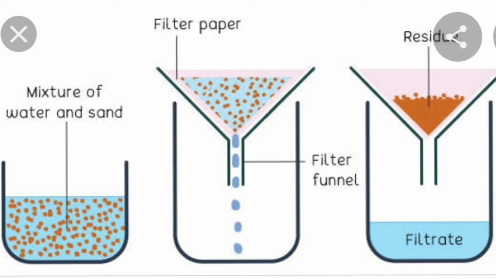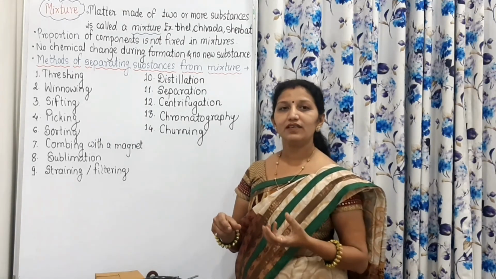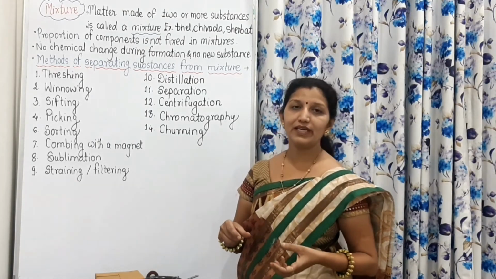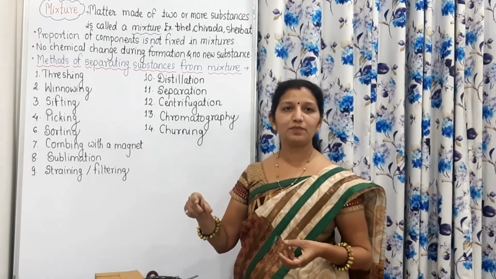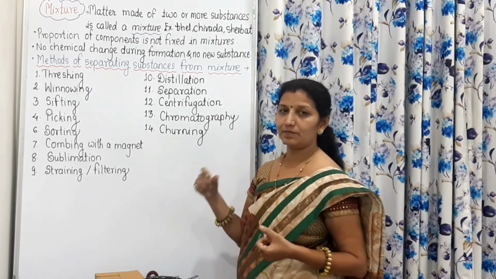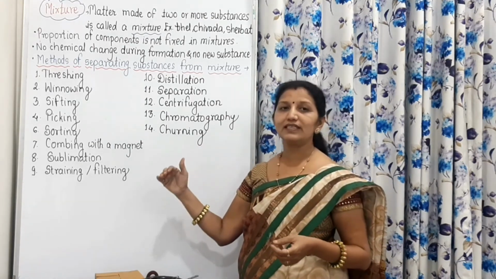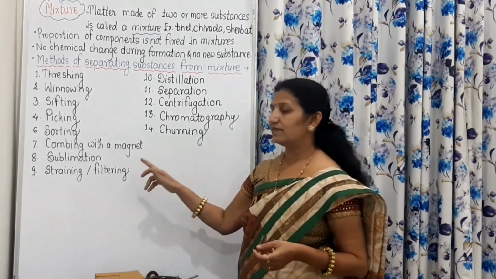After filtration, there will be clear liquid in the beaker, and on the filter paper these insoluble impurities will get stuck. In this way we can separate the impurities by the process of filtration.